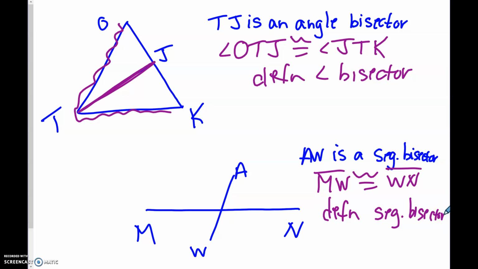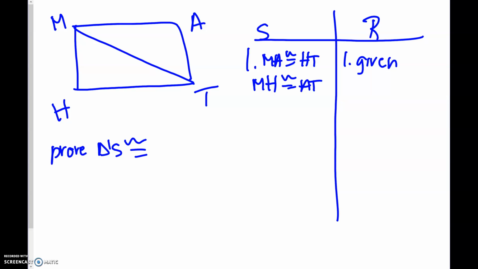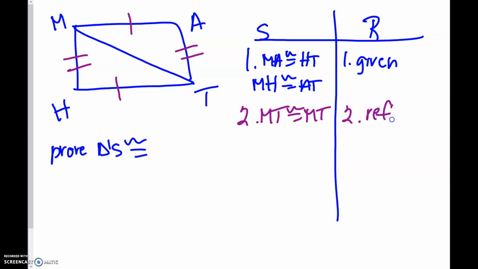All right, I have another proof here. All right, so what do we have here in our given? MA and HT, so MA, HT, MH, and AT. All right, what else is this diagram telling us? So those vertical angles were kind of a hidden thing. And then another thing that they say is MT congruent to MT, and that's called the reflexive property.